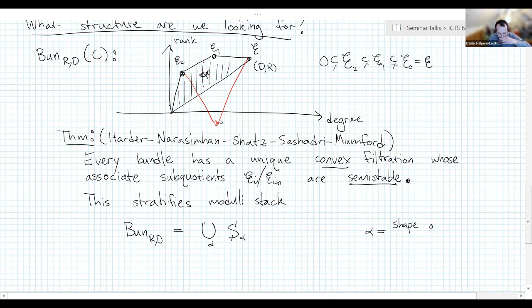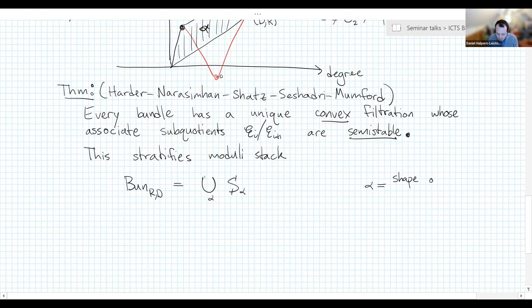So it's a convex polytope whose lower line is just a straight line from the origin to E. And I'm thinking about the degenerate case, which is just where the polytope has no area. It's just a straight line from the origin to E as one of these alphas. So it's the shape of the polytope, the so-called HN polytope.